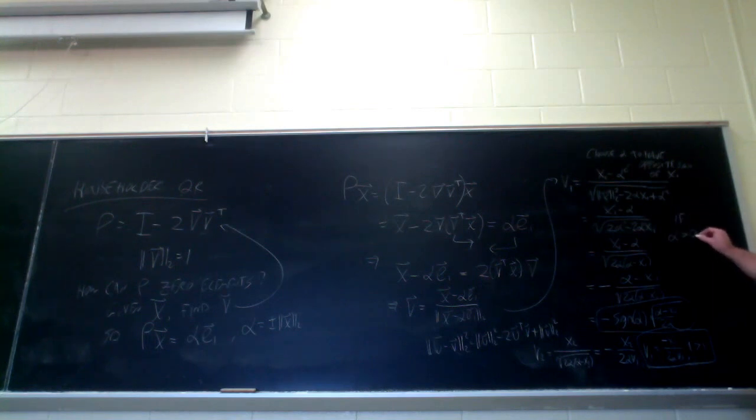If alpha is greater than 0, can anyone tell me why it is guaranteed that alpha minus x1 is also going to be positive? Now, if x1 is negative, that would definitely assure that. But let's suppose x1 is positive. So you might think, well, what if x1 is so big that this turns out to be negative? How come that absolutely cannot happen?